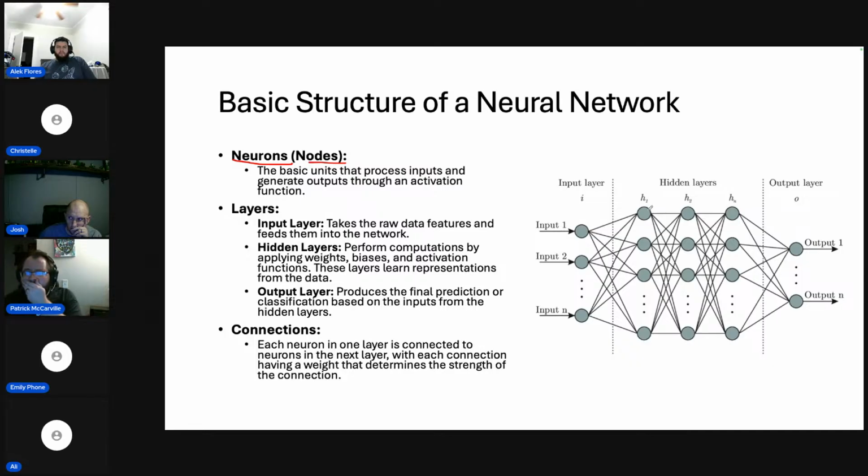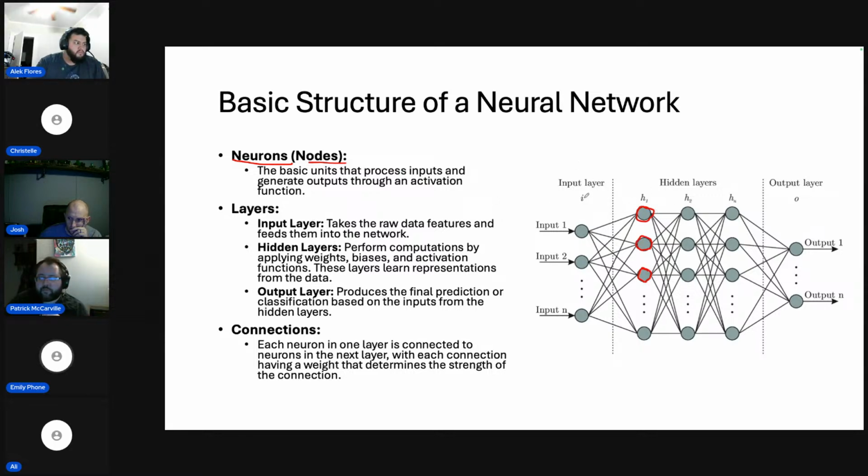So each of these circular icons in our graph are meant to represent a node. And I'll talk about this later, but this is actually going to be equivalent to logistic regression, essentially. So this is basically a bunch of logistic regressions operating together. You can kind of think of it like that. We'll build on it with that knowledge.